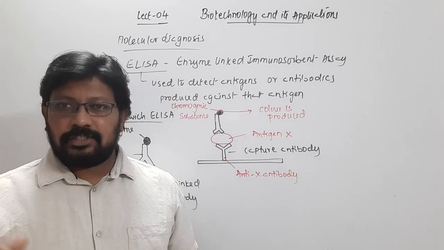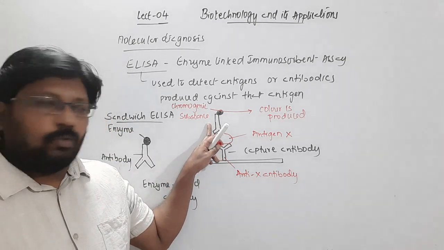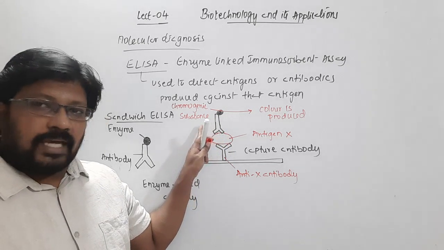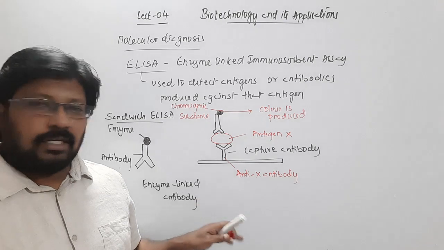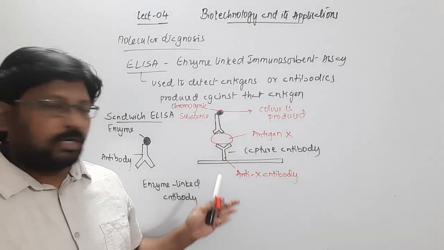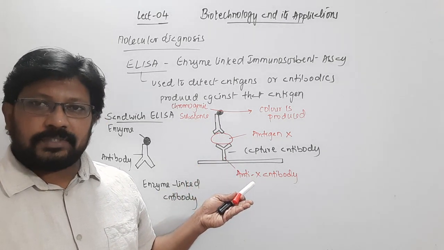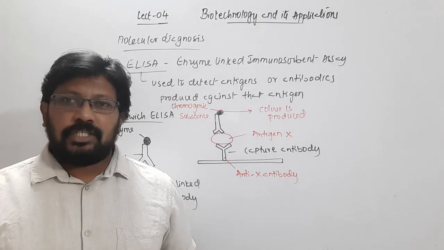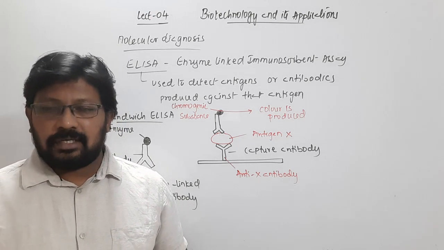When does the color change? When this antibody, which is linked with the enzyme, is present. And when is this antibody present? When the antigen is present. If the antigen is not present, then this antibody will not bind, because there is no antigen. After that, if I add the chromogenic substance, there won't be any change in the color. If there is no change in the color, then the antigen is absent and the test comes negative.